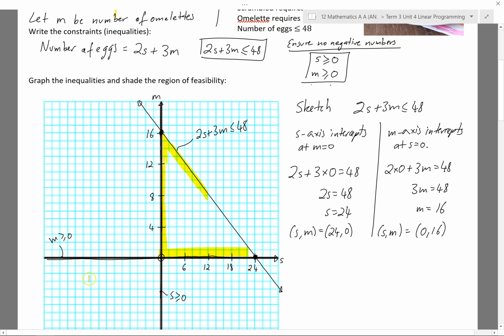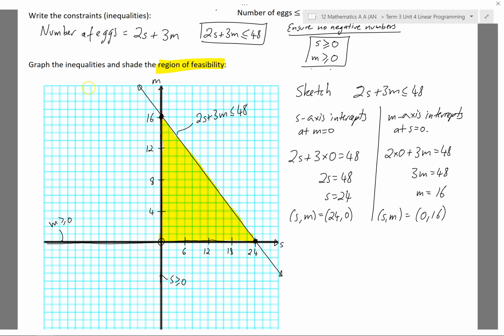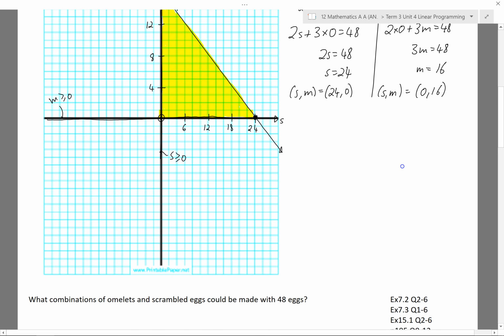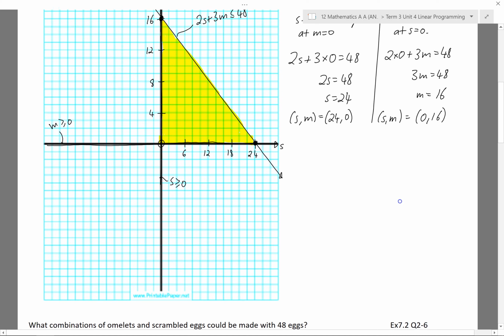M is greater than 0 means I'm not allowed to color anywhere here. So when I go to shade below this inequality, I can only stop at these axes. So we'll color in that triangle completely. This part shaded in yellow is the region of feasibility, which shows all the possible combinations that could be made.